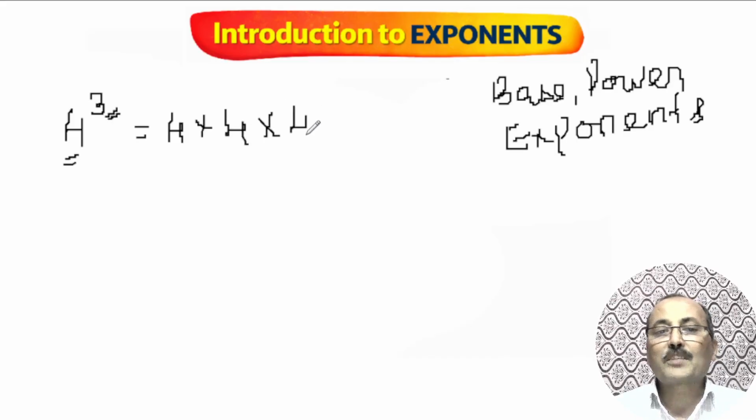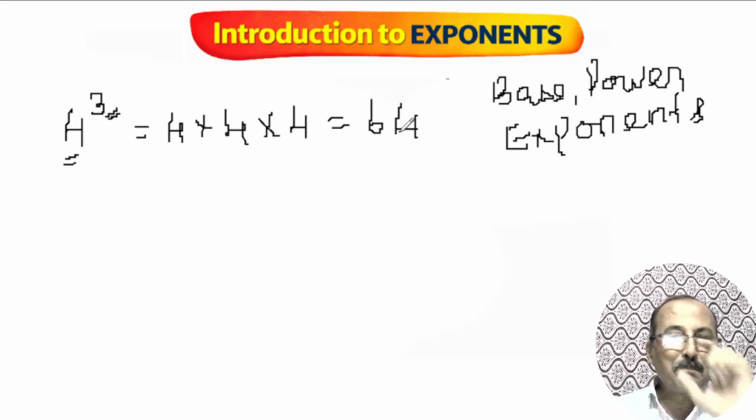If I write 4 to the power of 3, what is the base here? Base is 4, exponent or the power is 3, and this is written as 4 into 4 into 4. The value of this is 4 4s are 16, 16 into 4 is 64.